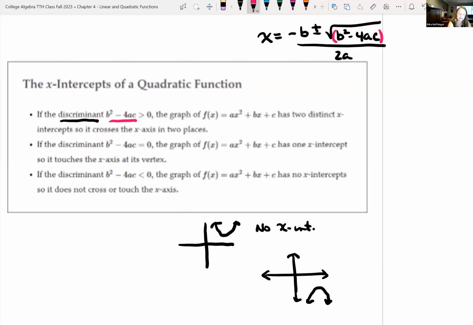If it had no x-intercepts, in this case, b squared minus 4ac would have given us a negative number underneath that radical. So that would have been less than 0. If this was bigger than 0, then we're going to cross the x-axis, and we're going to cross that x-axis in 2 spots.